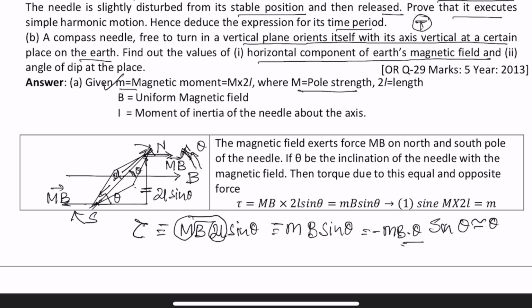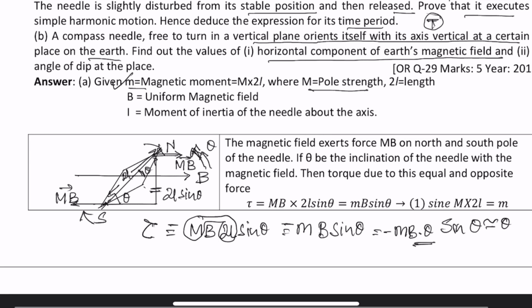What is theta? Theta is angular displacement. Now in case of linear motion, force is mass into acceleration, correct? In case of angular motion, what is the analogy? What is the replacement of force? Torque, and torque is equal to moment of inertia into angular acceleration.